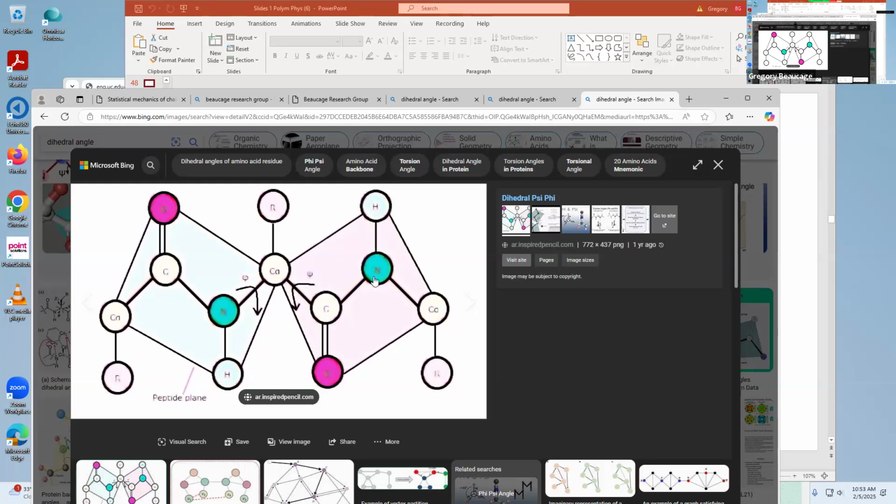Depending on what that group is, this rotation can change, and that makes the protein have a different helical structure in space. Depending on what you stick here, you get different things. That shows you what a dihedral angle is. You measure that with a thing called circular dichroism.